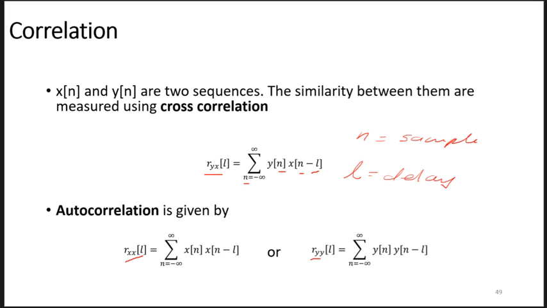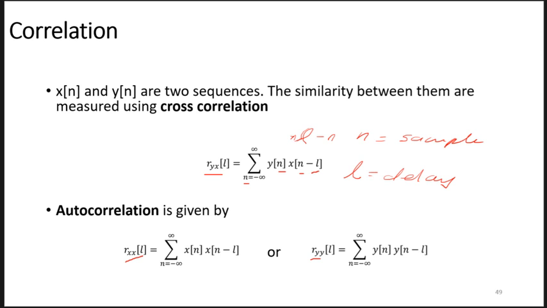Now dekat sini kalau kita bandingkan dengan convolution, dia punya delay adalah di sebelah depan, okay. So kalau kita guna notation yang ini, so kita ada this is n, delay minus n, okay.